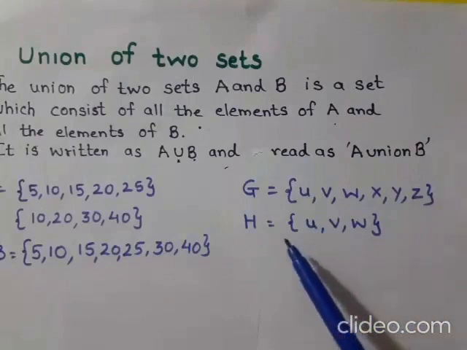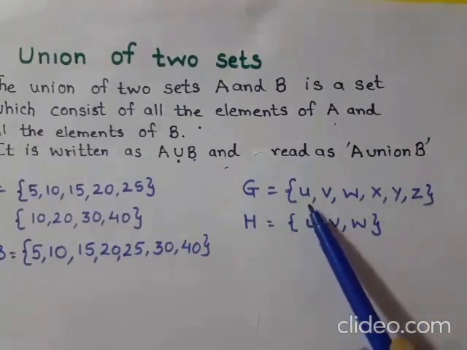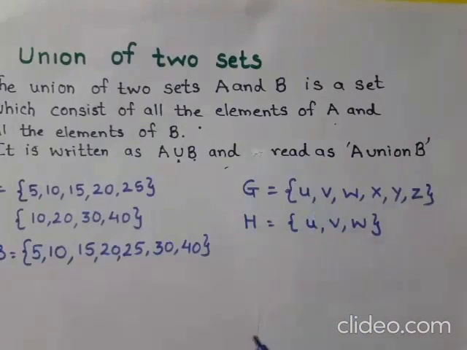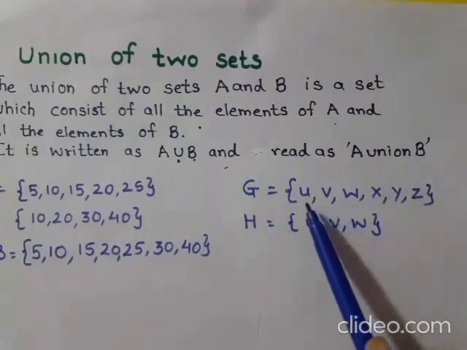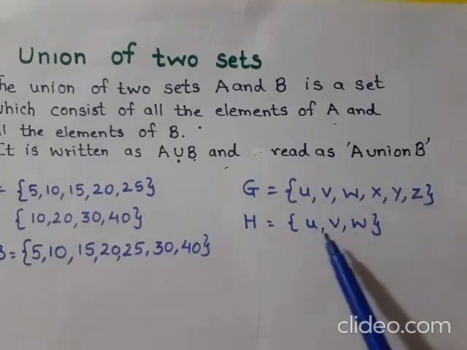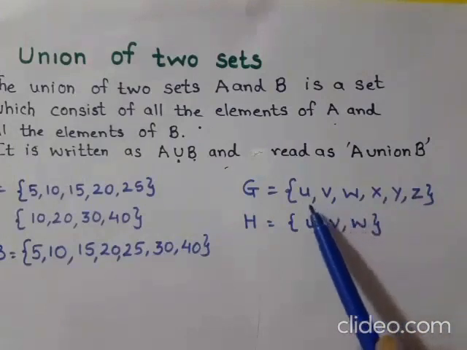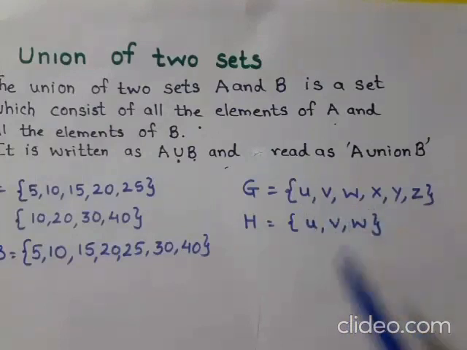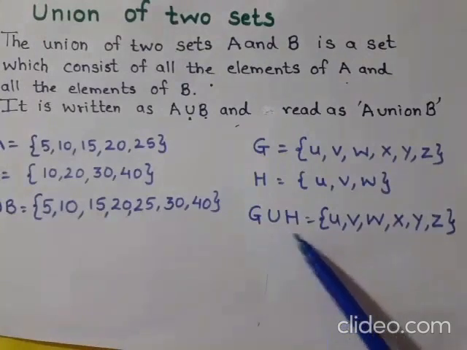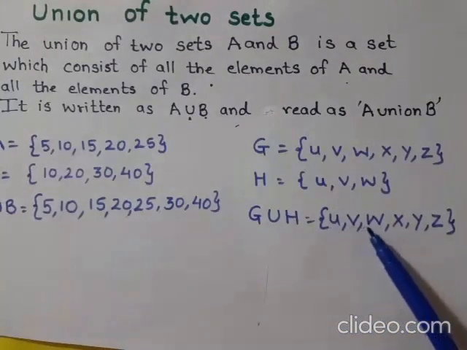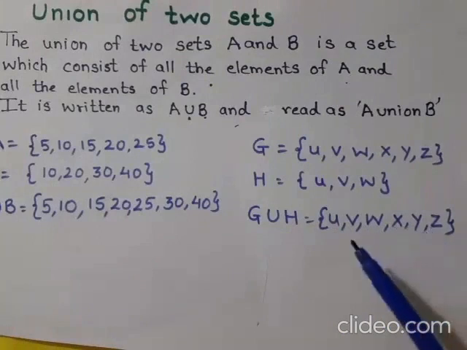Here we can also say set H is a subset of set G. Now while writing set of G union H, we will write all the elements of set G and H. But these elements are common in set G also. Therefore, we will write all the elements of set G. So, the elements of set G union H are U, V, W, X, Y, Z. And you will see it is equal to set G.